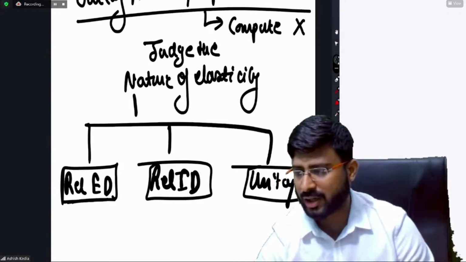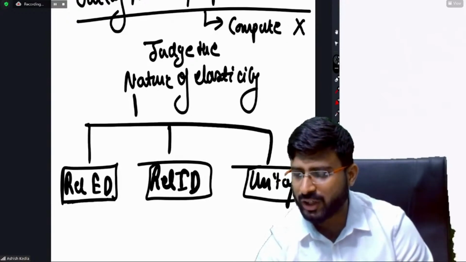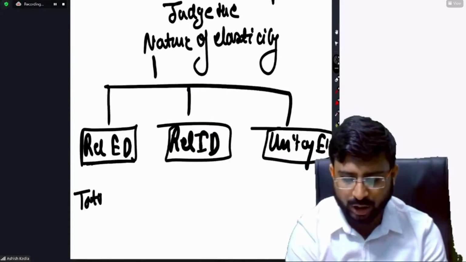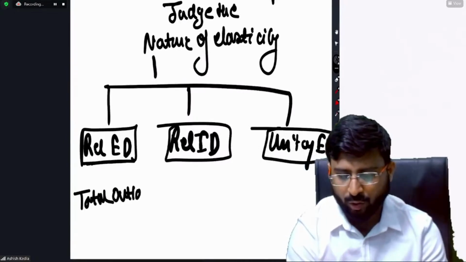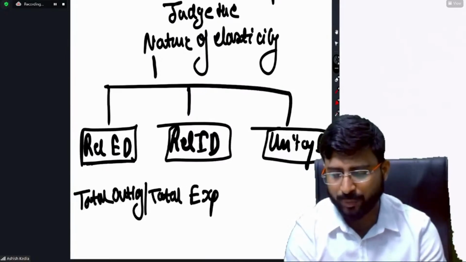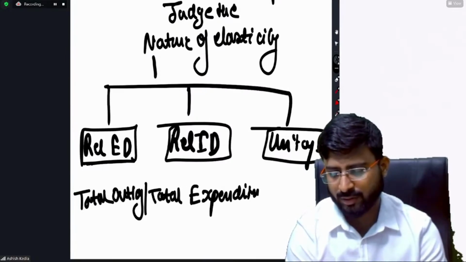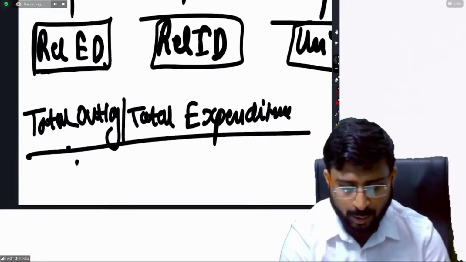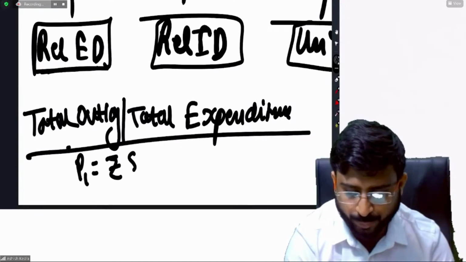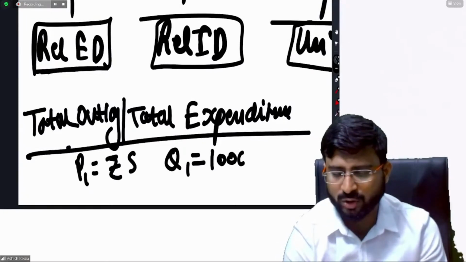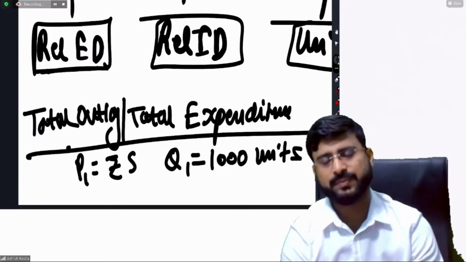Right, sir? Okay. Sir, before we understand, first of all, your question should be, what is total outlay or total expenditure, right? So, my dear friends, suppose the price of a biscuit is ₹5. You purchase 1,000 units of this biscuit.